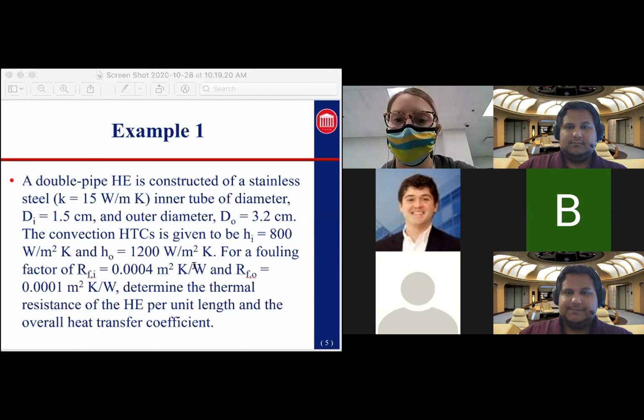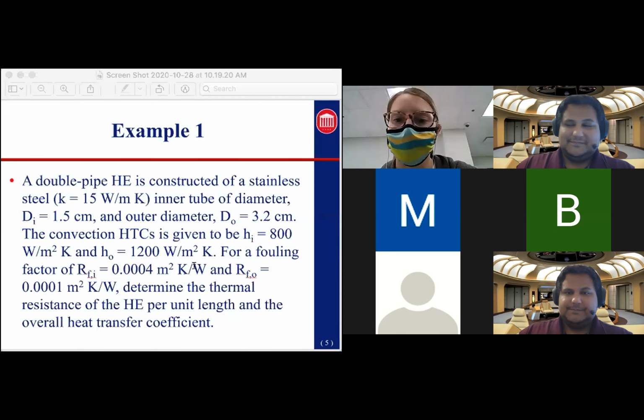0.96e-3. I guess it's in Kelvin per watt meter. Look at you guys, you're so organized. You got screen share going. Mine was definitely not close to that. I did something very wrong. You could have done something very right.